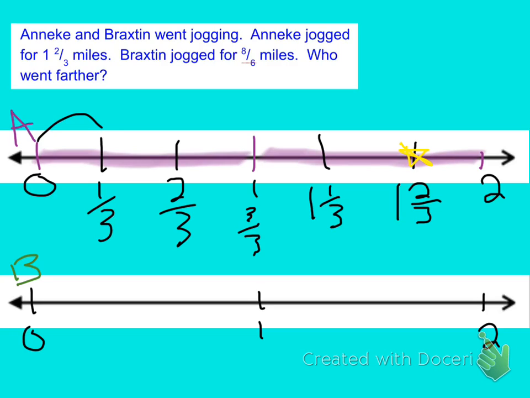But again, just like I did Annika's, from here to 1 whole is going to be 6 pieces. So there's 1, 2, 3, 4, 5, and then this is 6. And then again from 1 whole to 2 wholes. That's one piece that I have to break into 6 pieces. 1, 2, 3, 4, 5, and then 6.